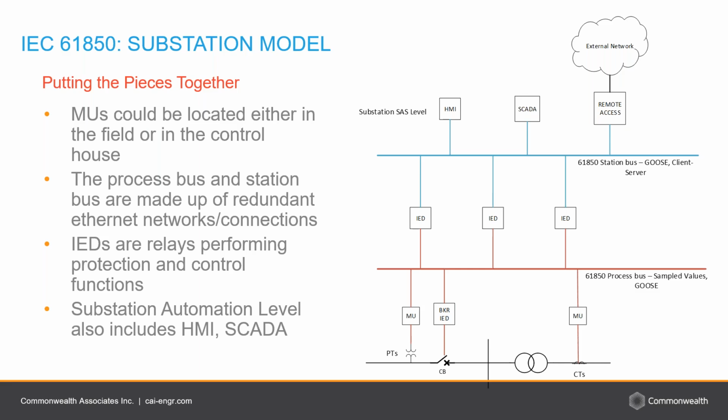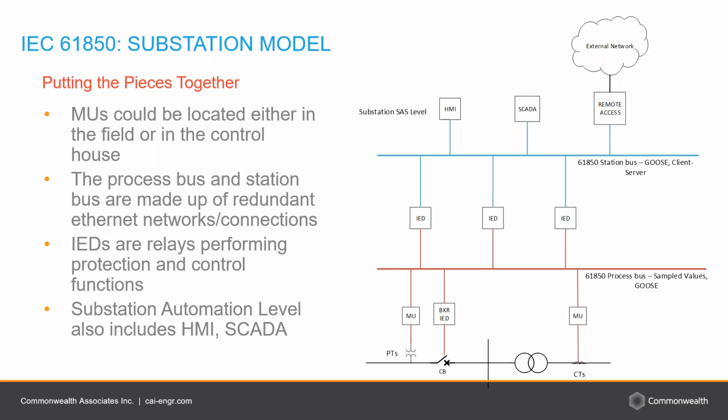Then after that, you have the 61850 station bus for communication between the relays, between SCADA and IED, or between local HMI and IED. On the station bus, you can also have client-server type application interfacing with the network for read-write functionality on the data stored in the logical nodes of the IEDs. This together comprises the substation automation system.